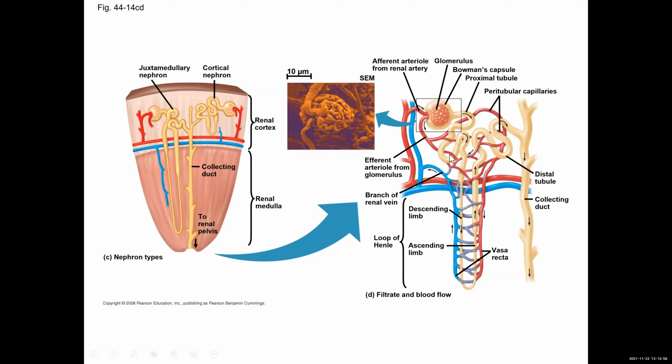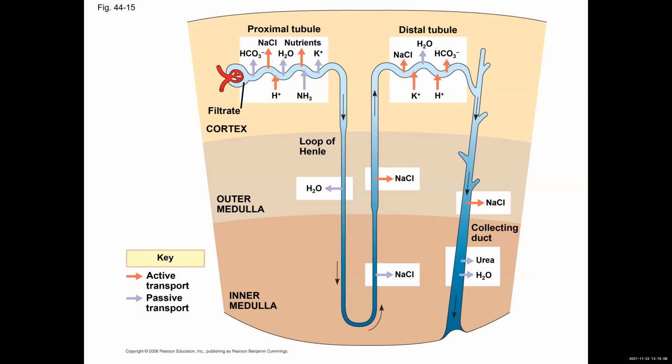All right, so we've got the names of the structures. Now we're going to see that they have different jobs that they're going to do, right? Different names because different things are happening in these different parts. All right, so there's a series of slides here that are showing stepwise how the filtrate is being modified in these different regions.